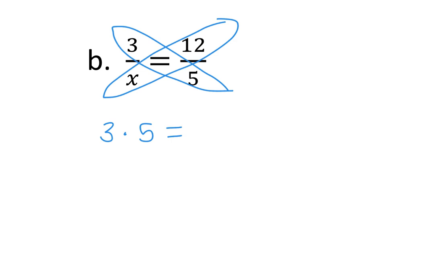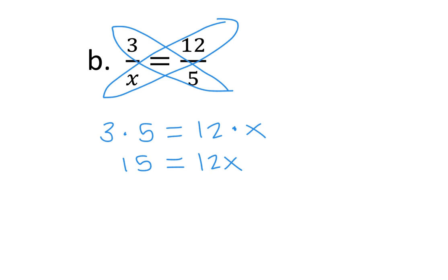Again, it doesn't matter which one I write. I'll put 12 first, and I know it's multiplying by x. So 3 multiplied by 5, when I simplify this, is 15. 12 and x, they're multiplying. All I do is put them right next to each other. So 12x.